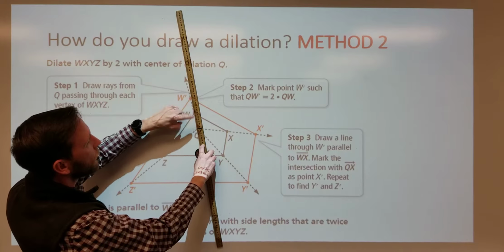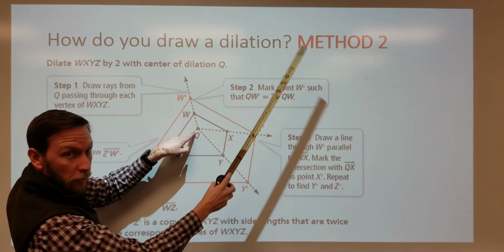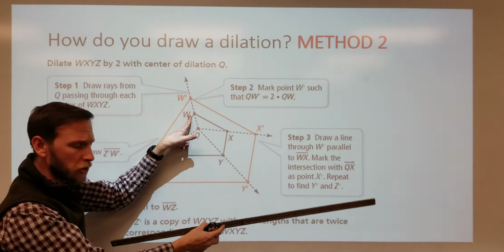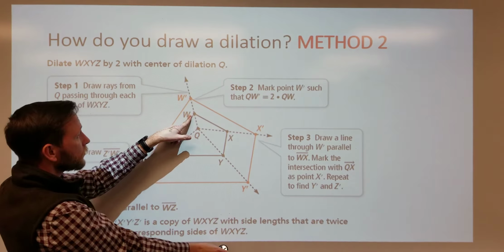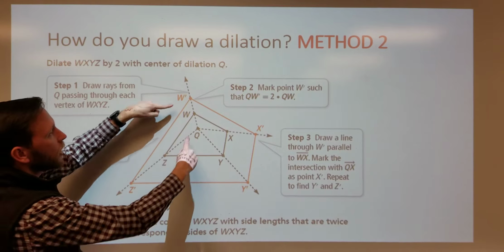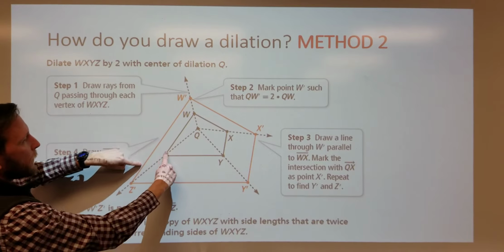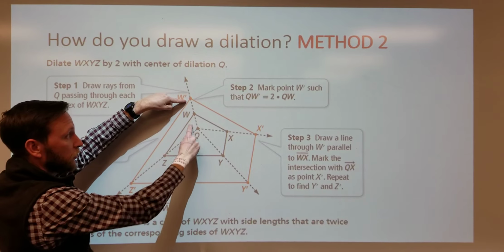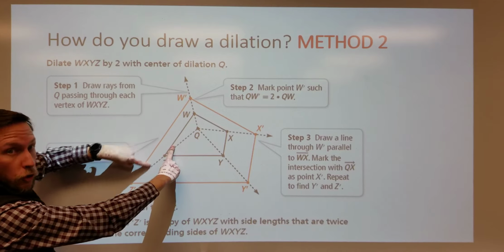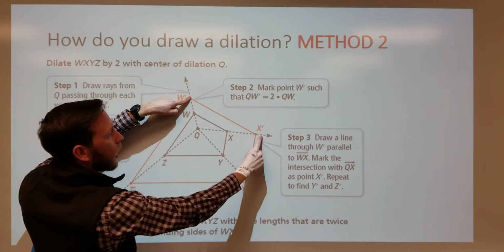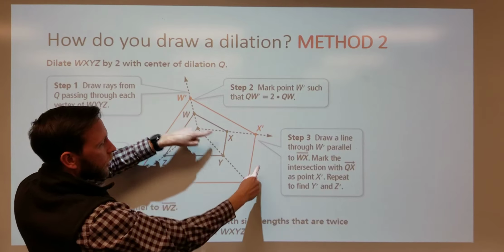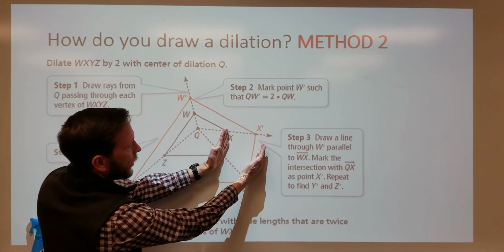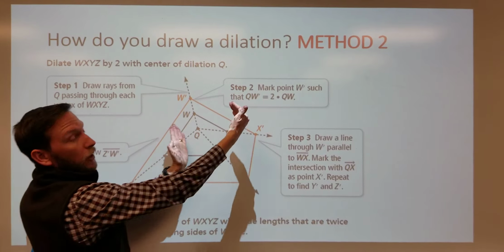Point W prime is going to be twice as far away from point Q as the original pre-image, W. But then what you do is you draw a segment parallel to the given segment to the next ray, all right? To the next ray, all right? These are parallel, these are parallel, these are parallel, those are parallel.